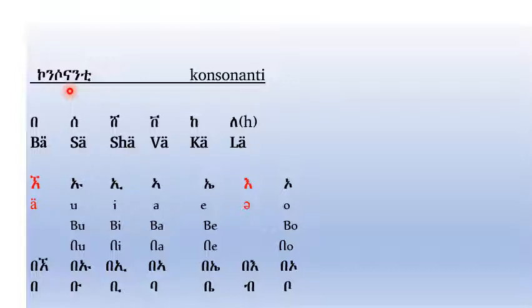I promise you that. Let's start with the easiest Amharic consonant. It is called B. I wrote this way because we don't have the sound. So don't confuse this with Swahili. No, we don't have it, we don't bother on that, okay?